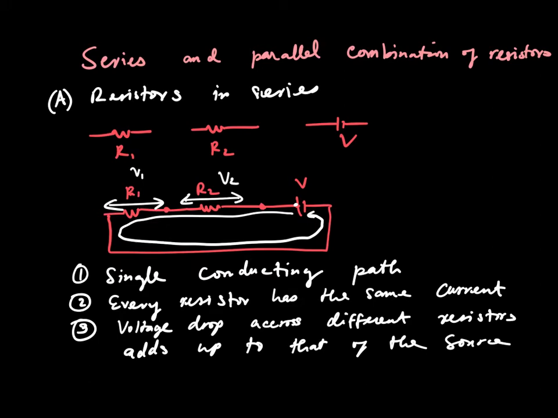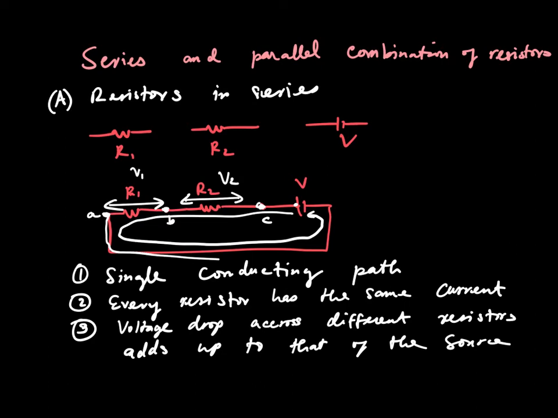So V1 is, let's say, the voltage from here to here. V2 is the voltage from here to here. So if we call this A, B, and C, from A to B we have V1, from B to C we have V2. And notice that A is directly connected to the left terminal of the battery, the negative terminal, and C is directly connected to the positive terminal of the battery.